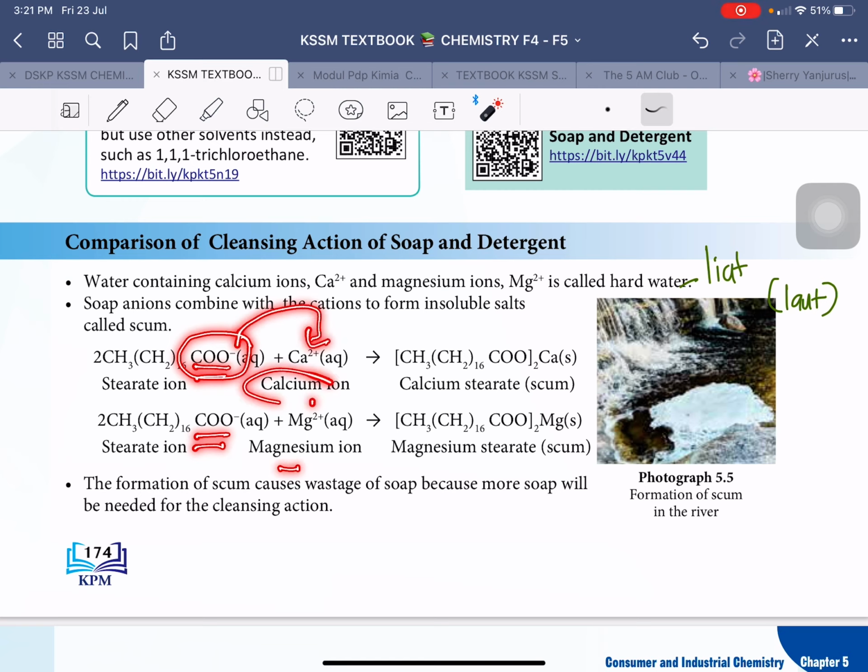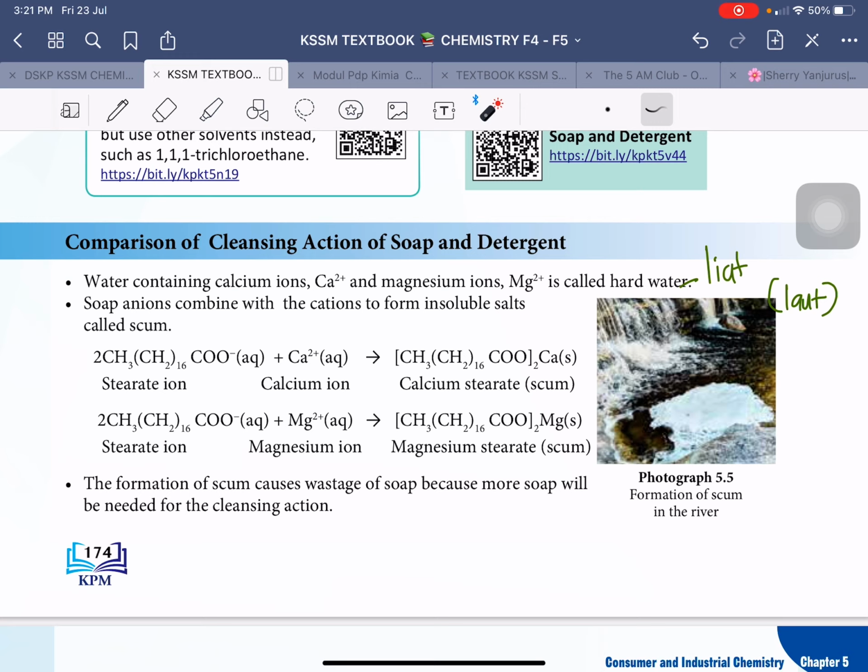Dari mana ini calcium and magnesium? Daripada air laut. Air laut tu apa? Air liat. Air liat tu yang ada calcium dan magnesium. So if you use sabun, the soap anion is going to combine with the ions, calcium and magnesium. So when they combine, they are going to form scum.